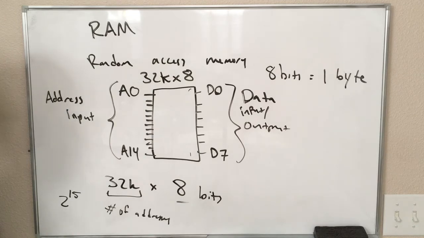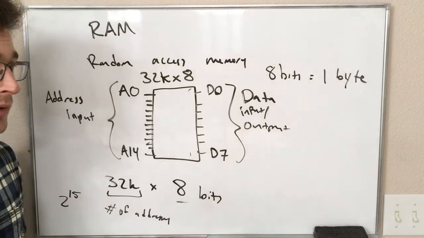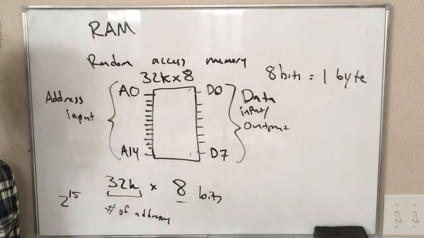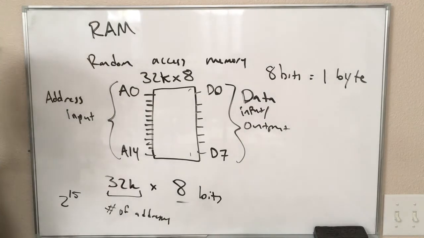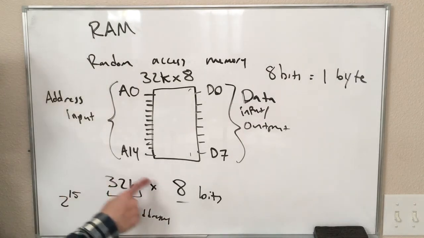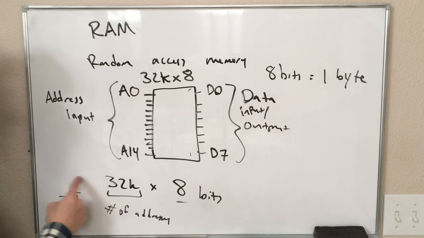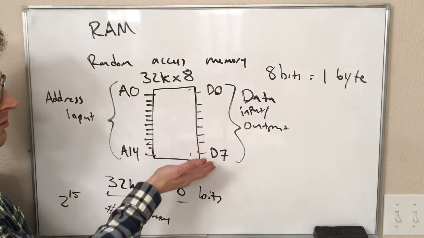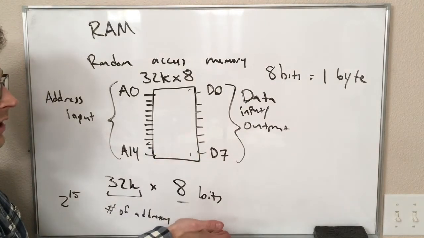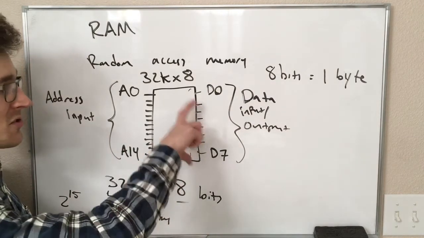That's pretty cool. 32 kilobytes of RAM is super, super duper small these days. I have an old computer that has 8 gigabytes of RAM, which means it has 8 billion different addresses for different bytes. Modern RAM is different than this because modern RAM has more data output pins, so each location in memory isn't just 1 byte.